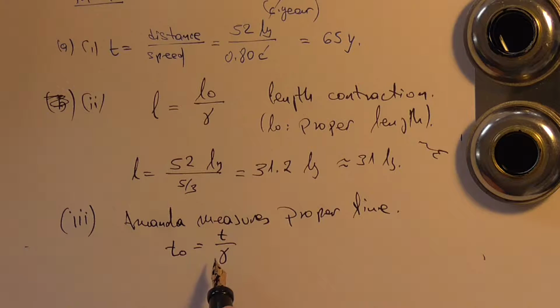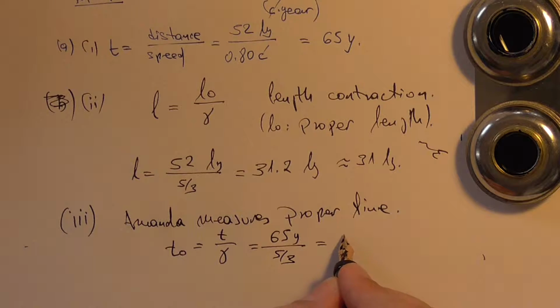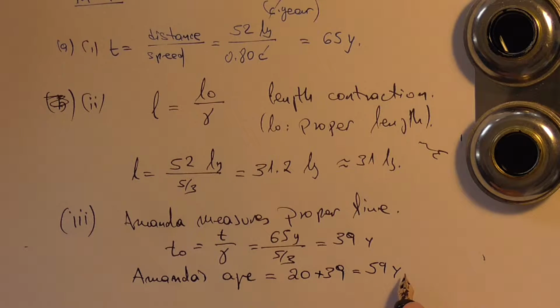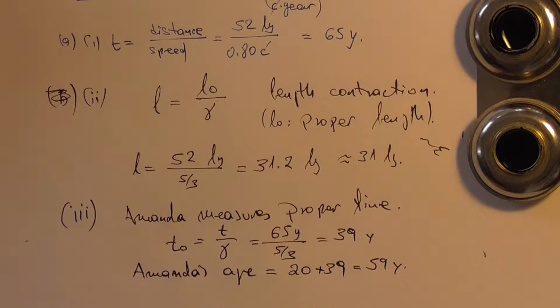So it's T over gamma, and T, we found this to be 65 years. This was from question A1. And gamma is 5/3. So this comes out to 39 years. So finally, Amanda's age is equal to 20 plus 39 is equal to 59 years. So this is how old Amanda is, according to her, of course.